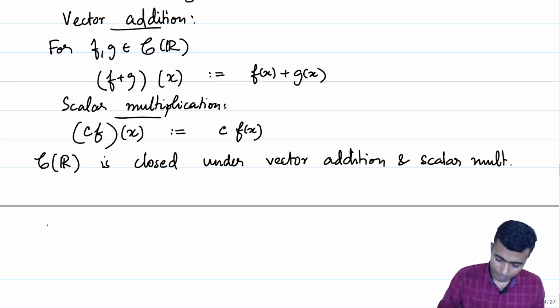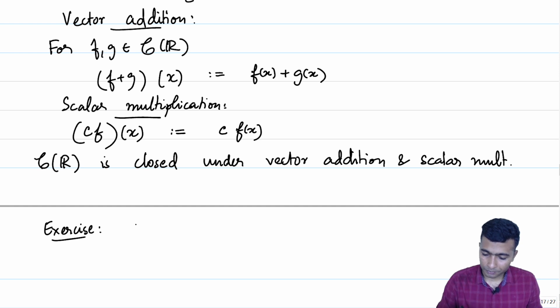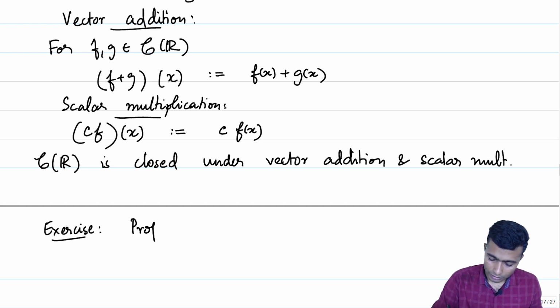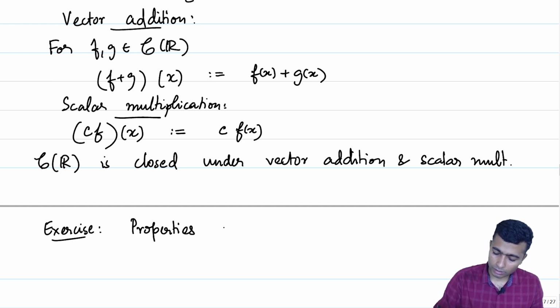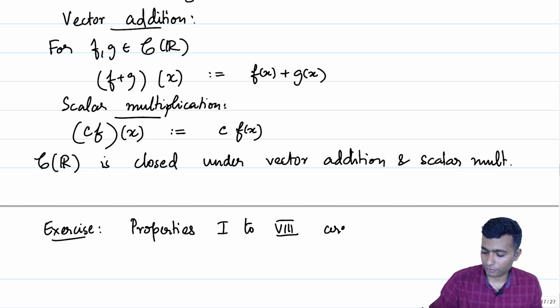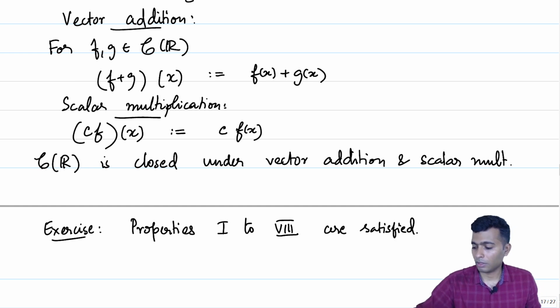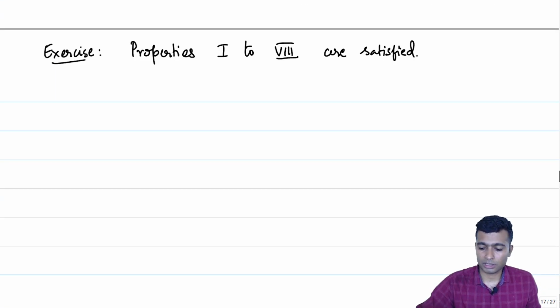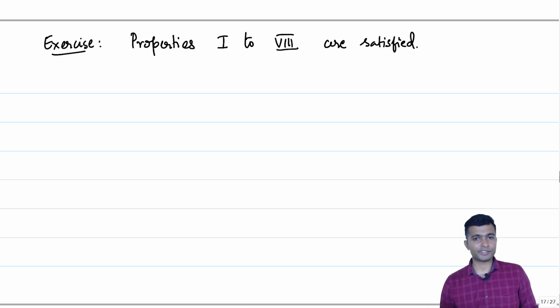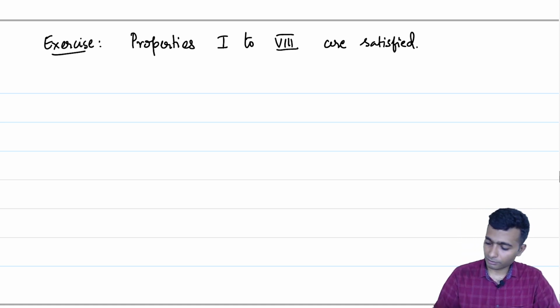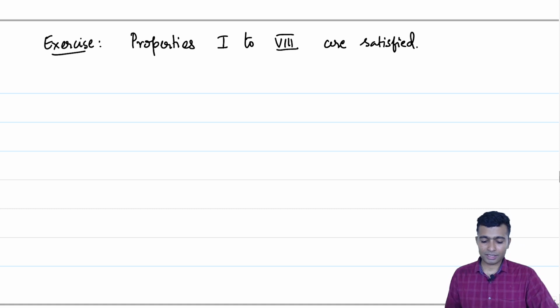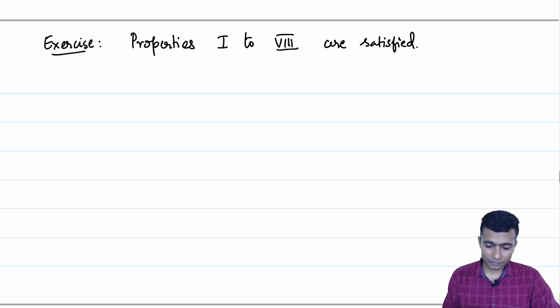And an exercise is to check that properties 1 to 8 are satisfied. So, an interesting question to ask might be, what will be the 0 vector of C of R? I will let you think about it. Let me give you more examples.